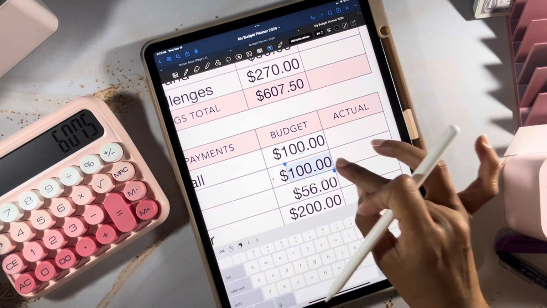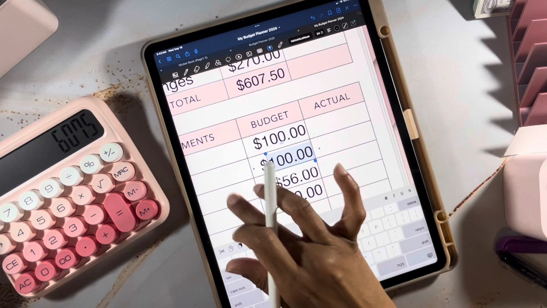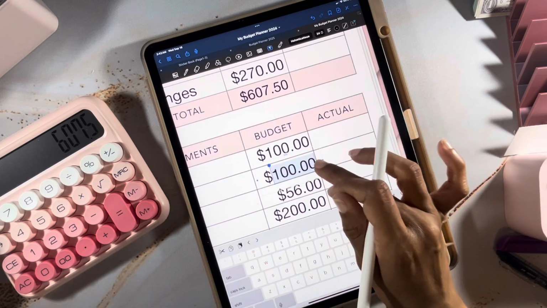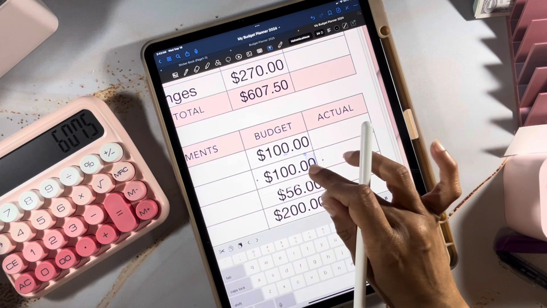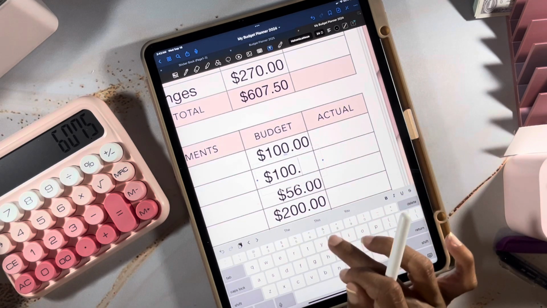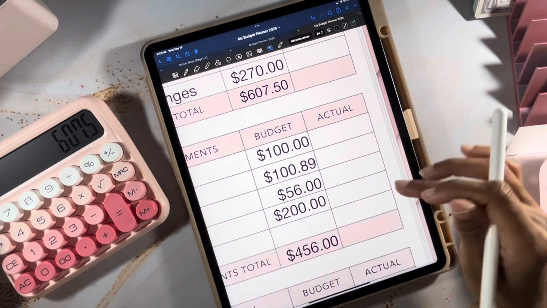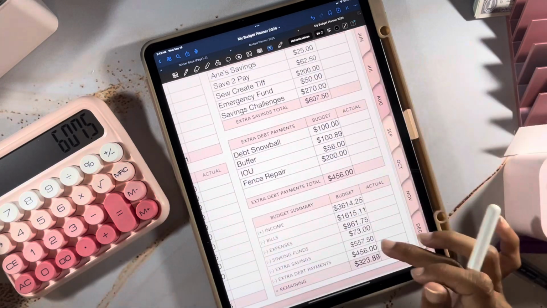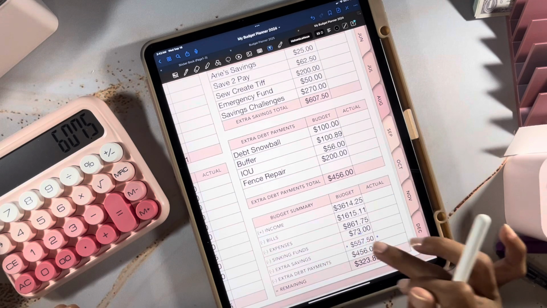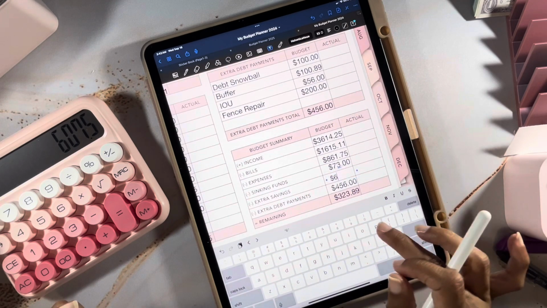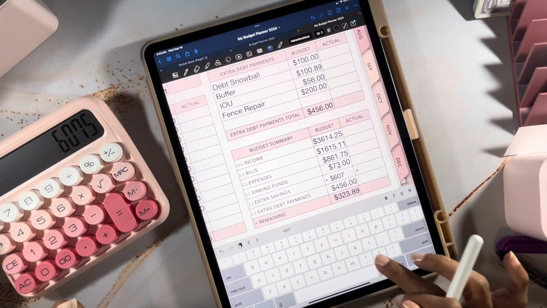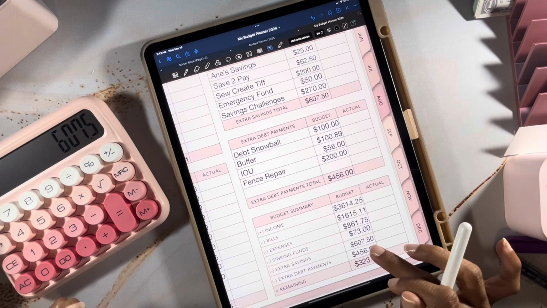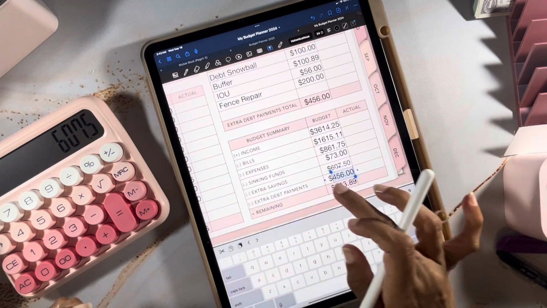Here for the buffer, I'm going to put 89 because I think it was 89 cents that was the difference. But I had lost that calculation. So this is 607.50. And then this one is 456.89.